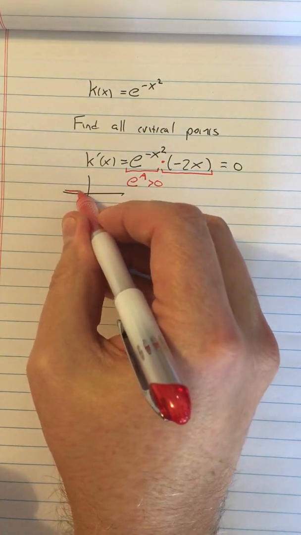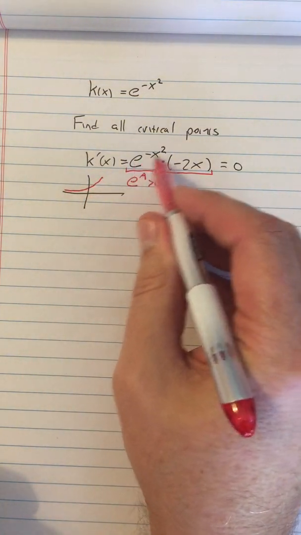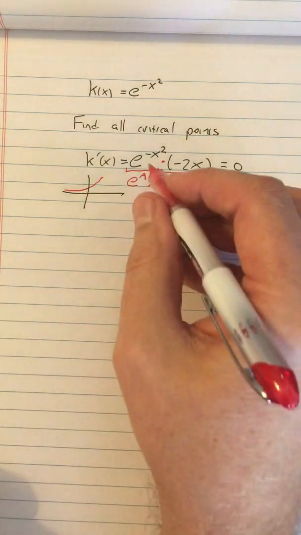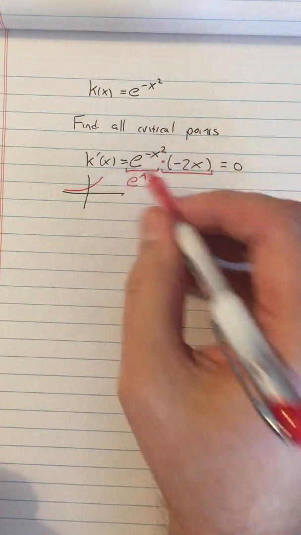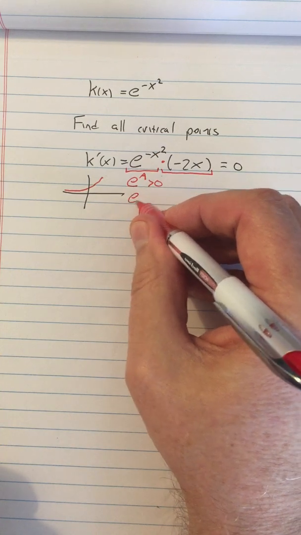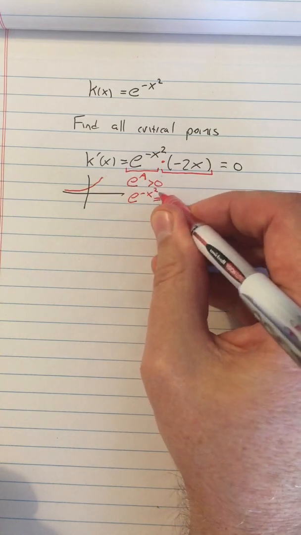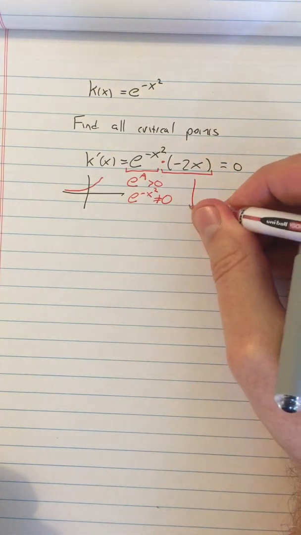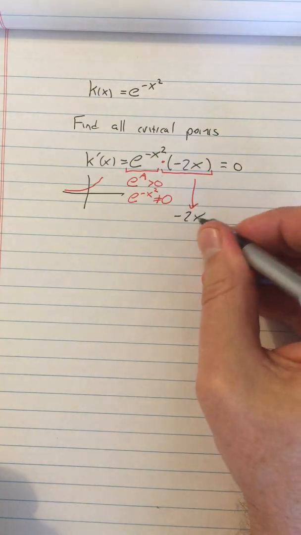E to the x looks like this. So it doesn't matter what we do e to anything. If I do e to something, I'm never going to get 0. Therefore, this factor is never equal to 0. So in particular, e to the negative x squared is never equal to 0. Therefore, the only possible solutions to this equation are that the negative 2x has to be 0.